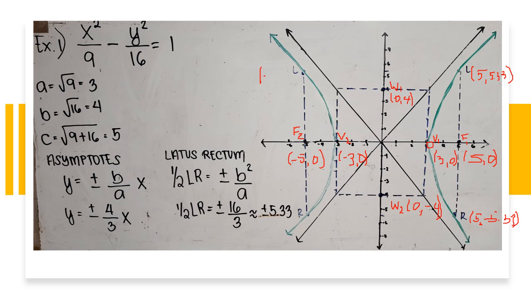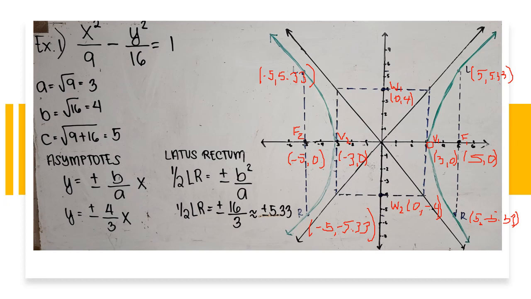That will now give you negative 5, and we have -5 and 5.33. And on the last part, we have negative 5 again and negative 5.33. Okay, that is our first example.